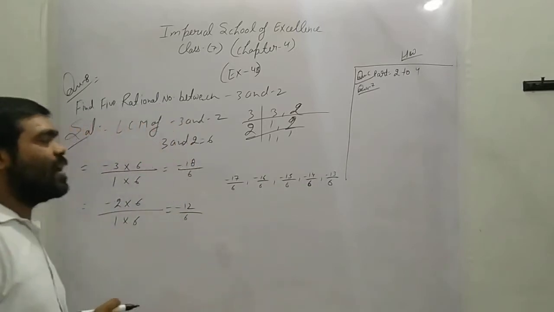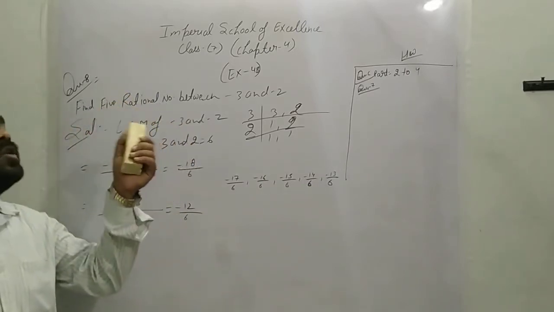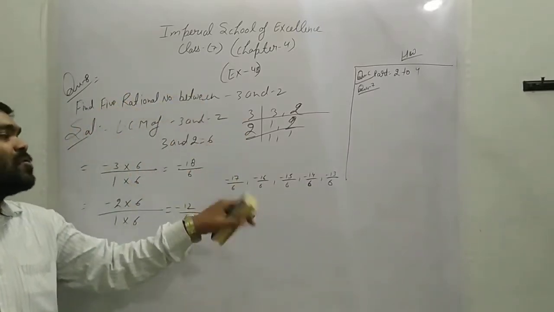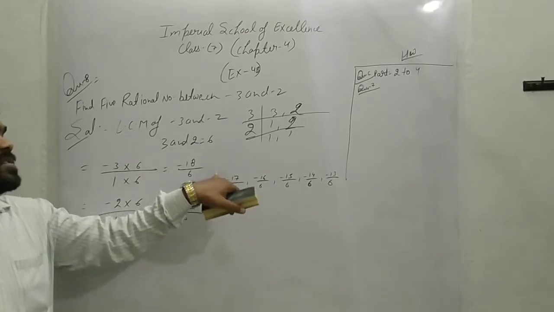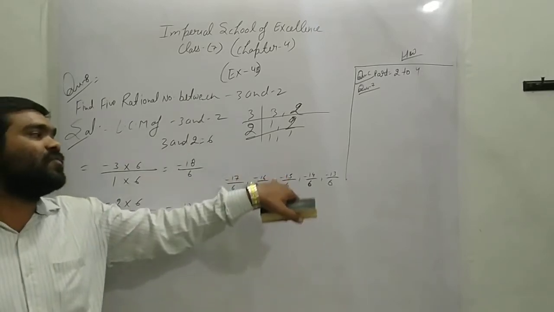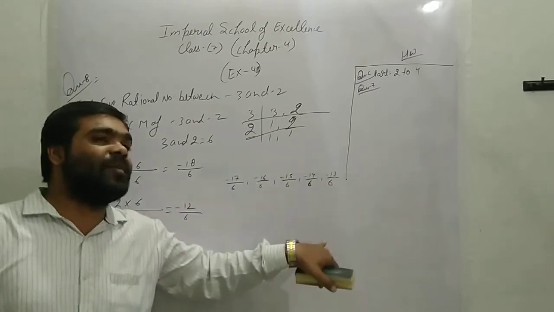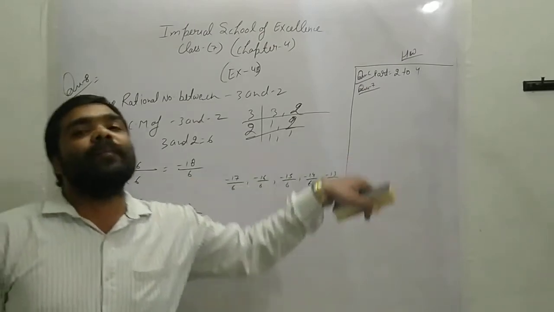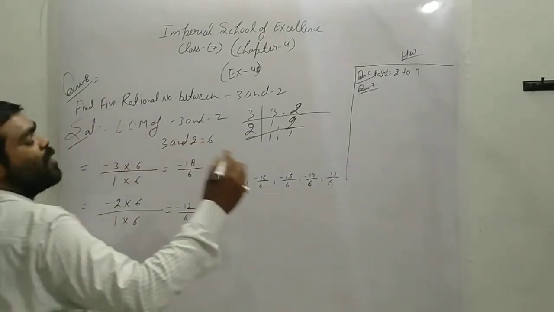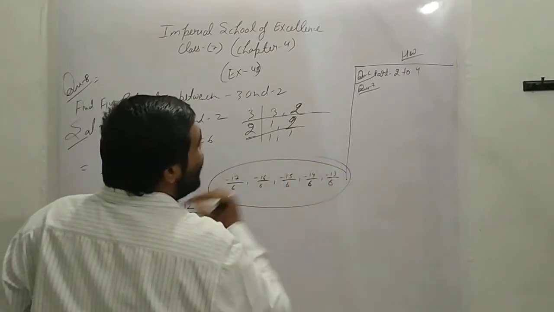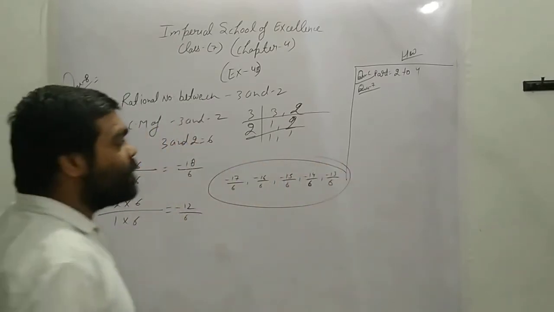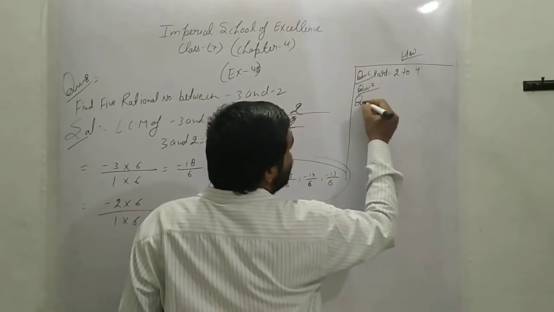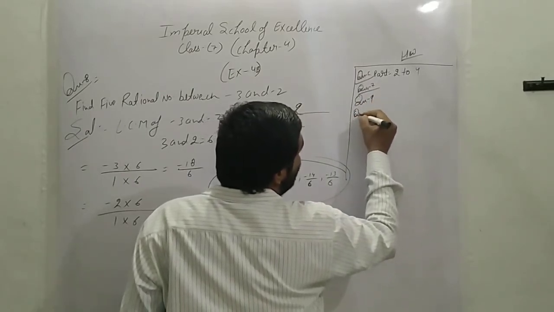There are 5 rational numbers. In the question we have to find only 5 rational numbers between minus 3 and minus 2. Answer is this: minus 17 upon 6, 16 upon 6, 15 upon 6, 14 upon 6, 13 upon 6, and we have to put the minus sign in each. These are 5 rational numbers between minus 3 and minus 2. Same you have to do question number 9 and question number 10.